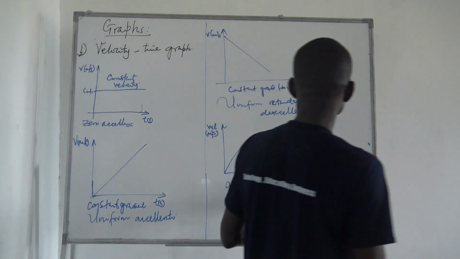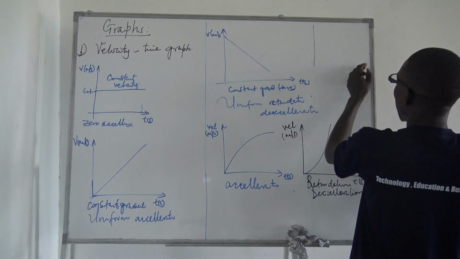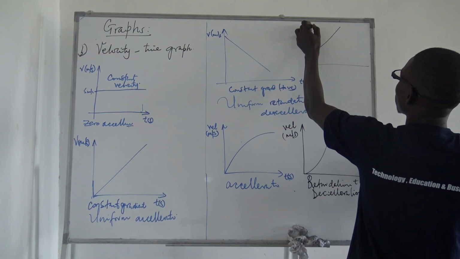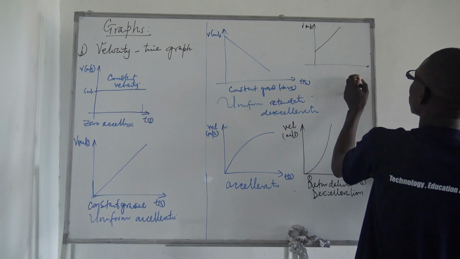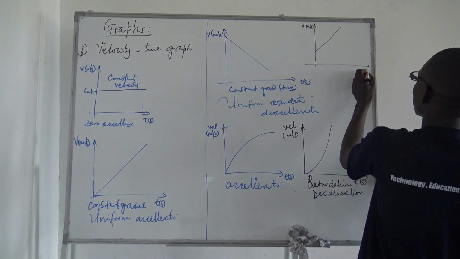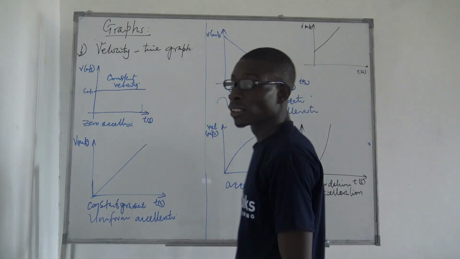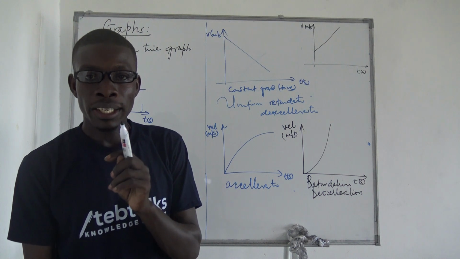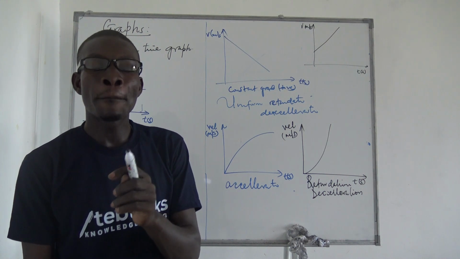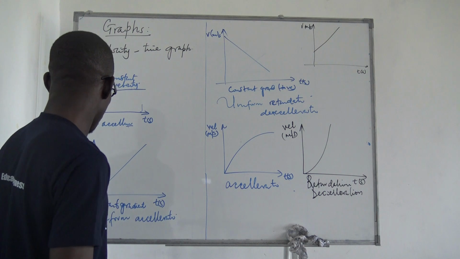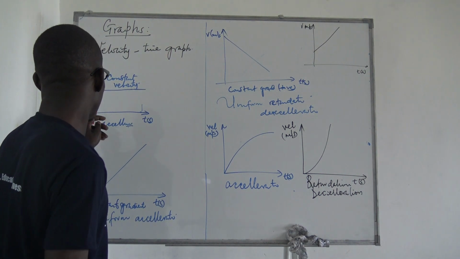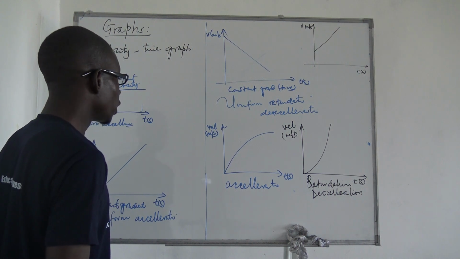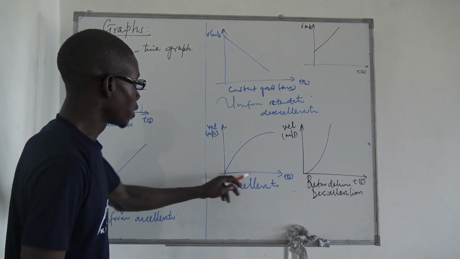And then lastly, I can now look at this. What about that? That is a velocity time graph for a body which is uniformly accelerating but not from rest. The rest are from rest. This one is for a body which was also already moving. This is from rest, from rest, from rest.